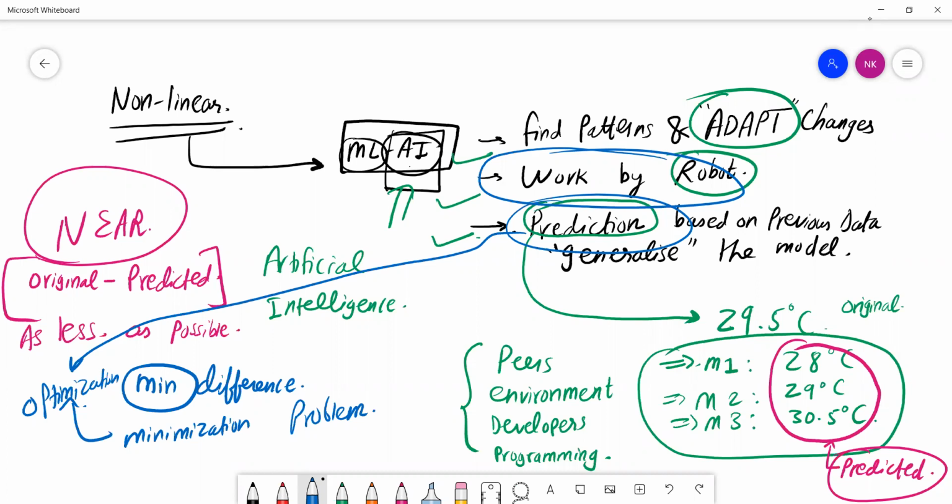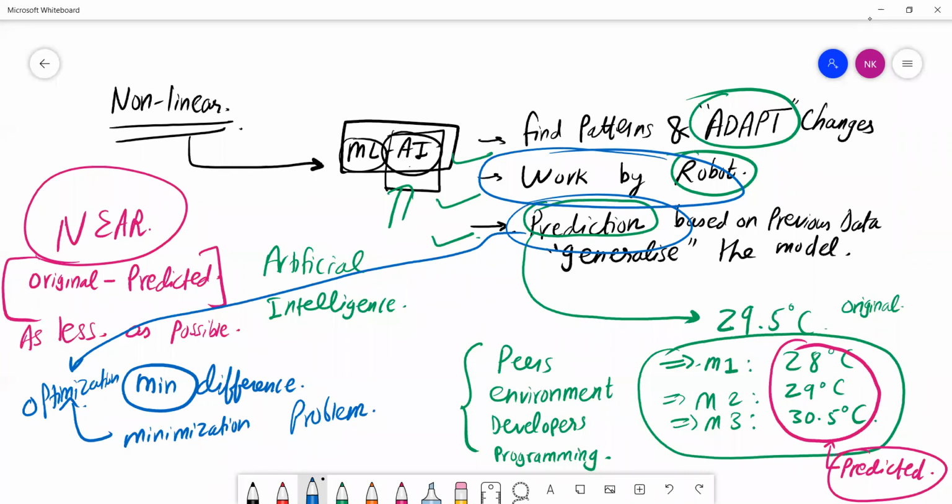But at least I will be expecting that if the robot is not working exactly, then at least it should be working near to the task that has been given to that particular robot. So this is nothing but again the minimum difference between what was expected and what is done.